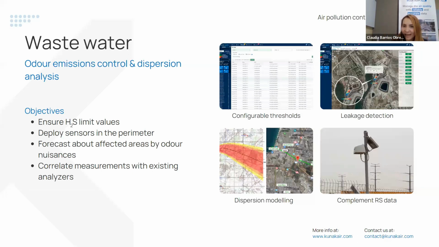But I must say, this is property of our specialized distributor. We don't perform dispersion modeling thus far. And of course, complement data of reference instruments with a reduced maintenance cost.